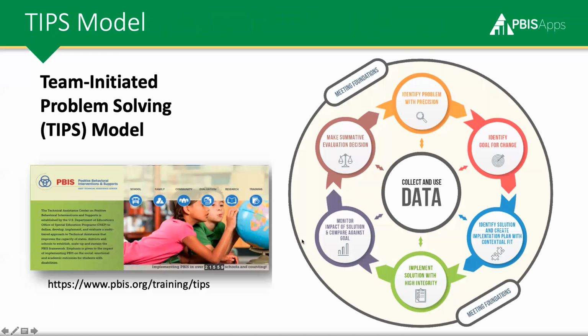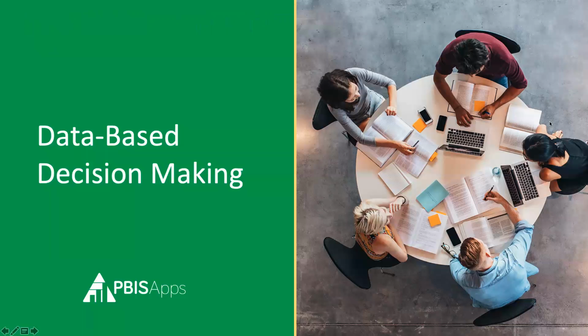This is the TIPS model. You can see as we go through, it's a little bit small, but it starts at the top with identifying your problem with precision, then setting your goal, developing your action plan, and so on. So we're going to go through all of these pieces in this cycle of the TIPS problem solving process.